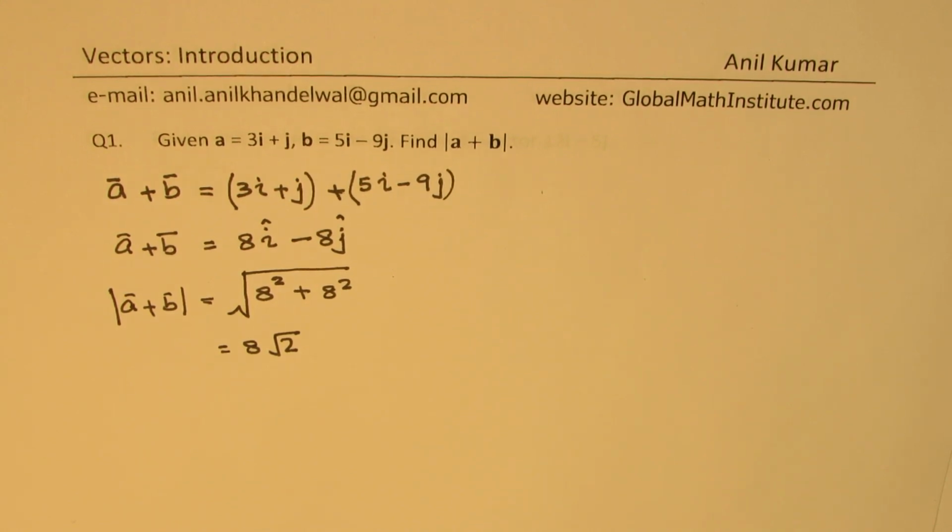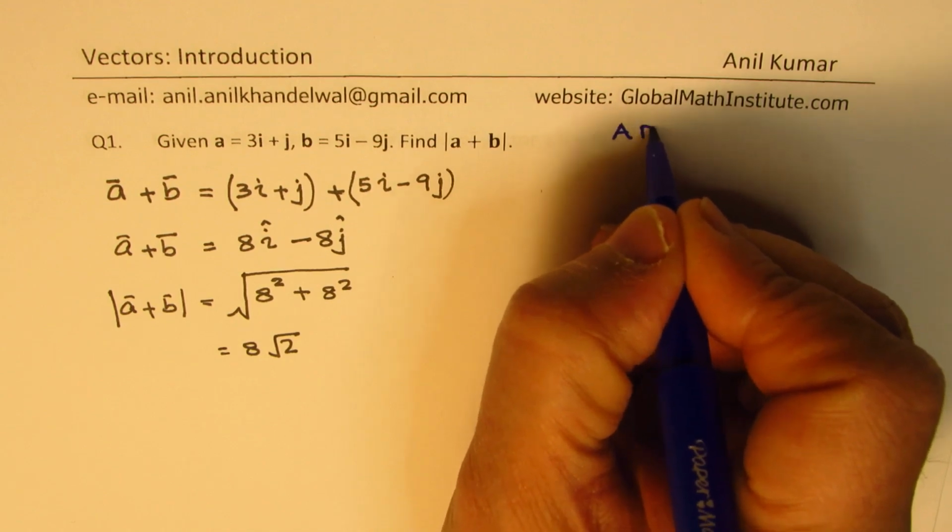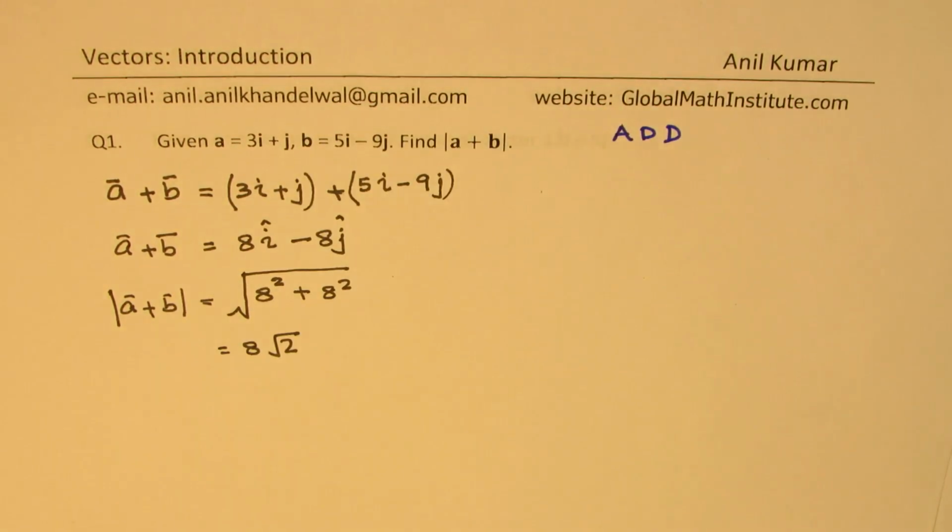Now what we skipped earlier was how to add vectors. With the help of these two vectors, let me also show the method of adding vectors. We'll represent these vectors on the coordinate plane, and then also add them up. So let's do both the processes together.